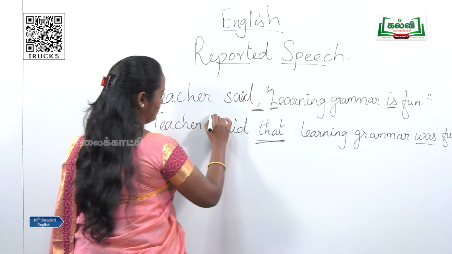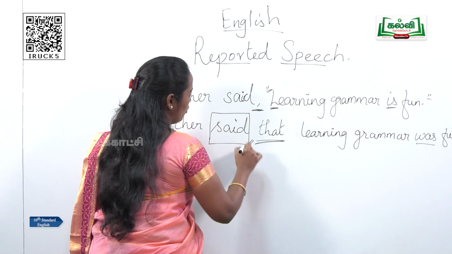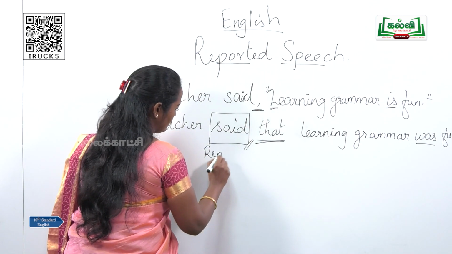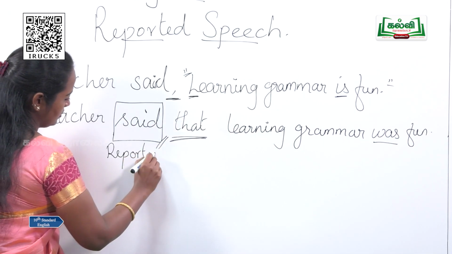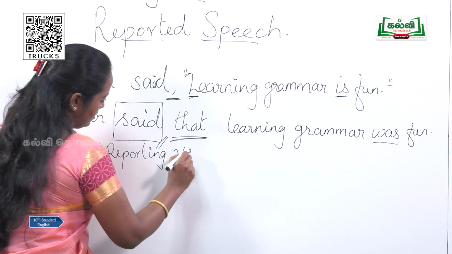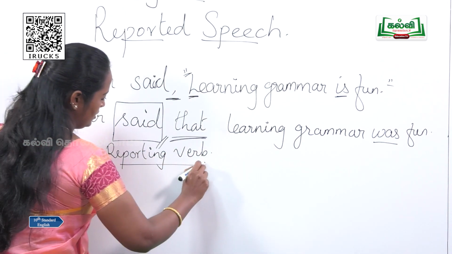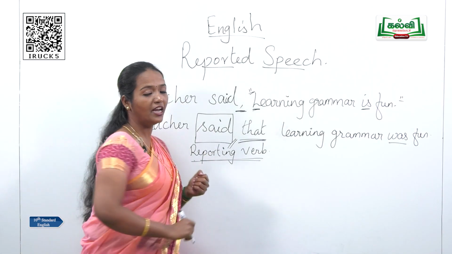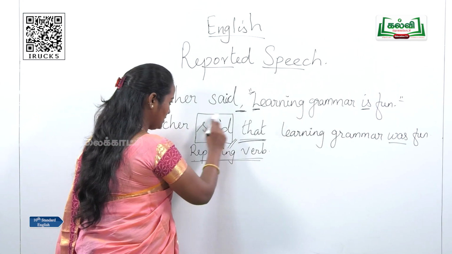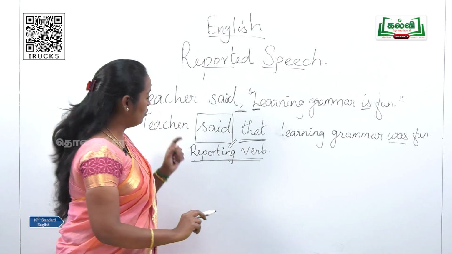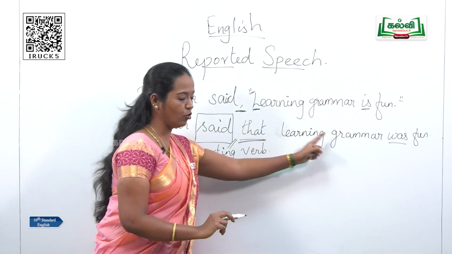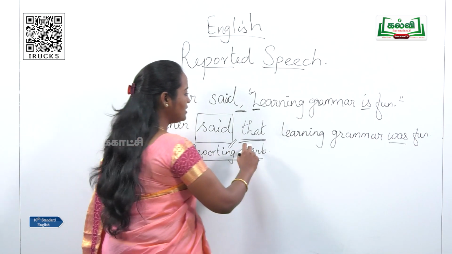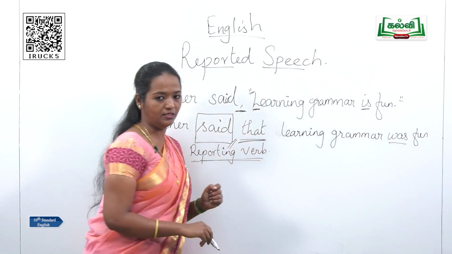And this one, this said, is known as reporting verb. This is very important. So this is the word that is going to introduce the reported words. So the rest are known as reported words.